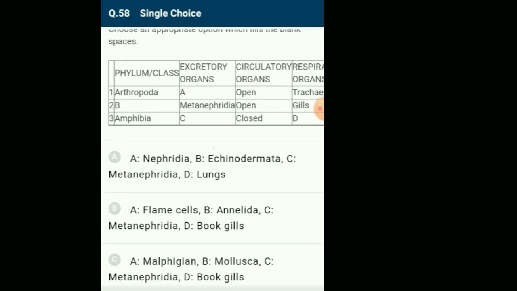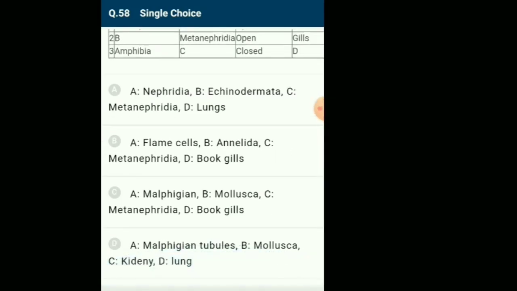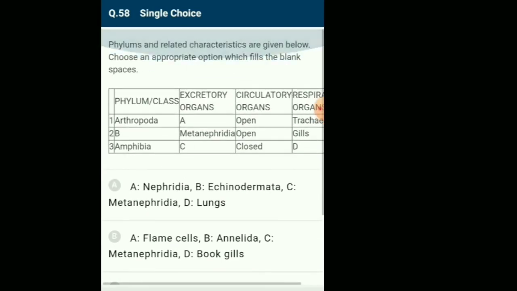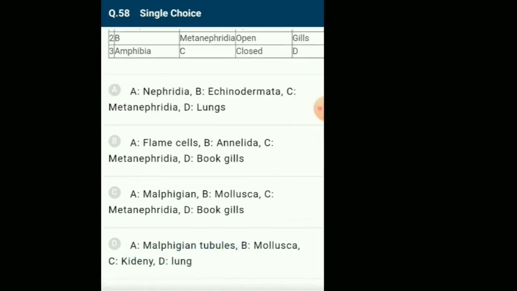They respire with the help of gills, which are also called ctenidia. Amphibia possess two kidneys located dorsally in the body cavity, which help in excretion of waste. They have tails, gills for respiration in larval stage, while lungs in adult stage. So the answer for this question is option D.